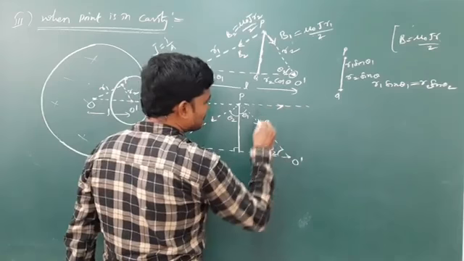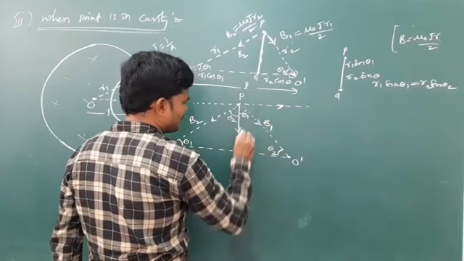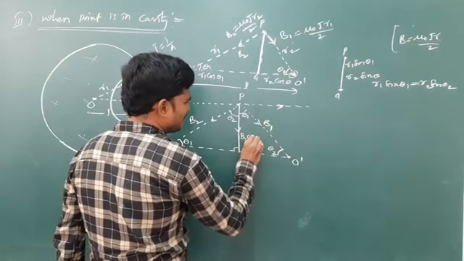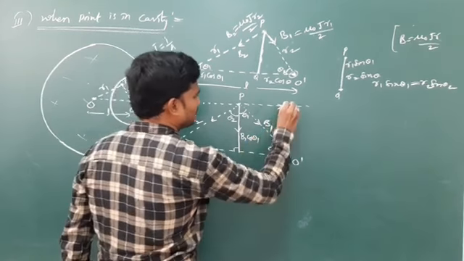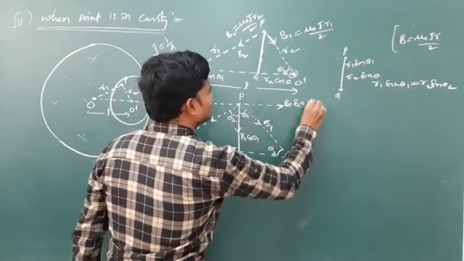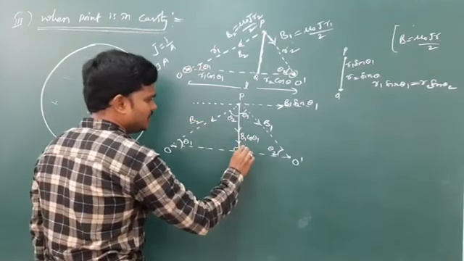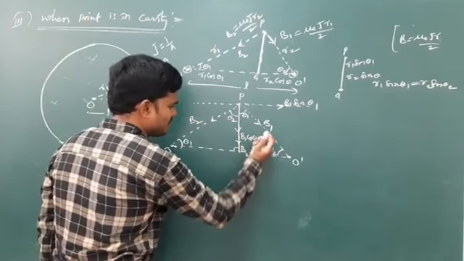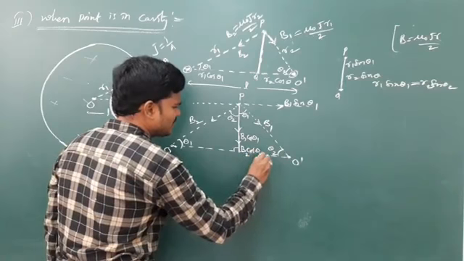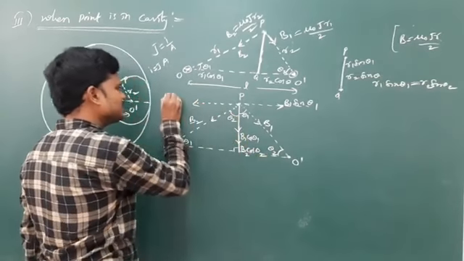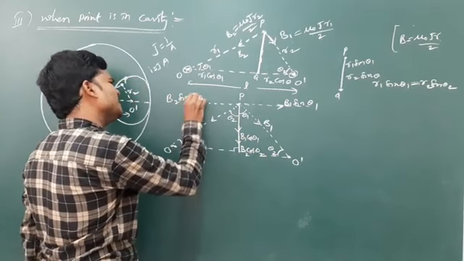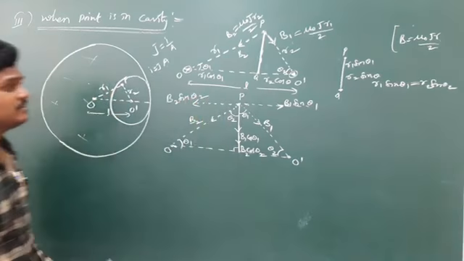B1 has components B1 cos theta 1 and B1 sin theta 1. B2 has components B2 cos theta 2 and B2 sin theta 2. Resolution will play the main role.